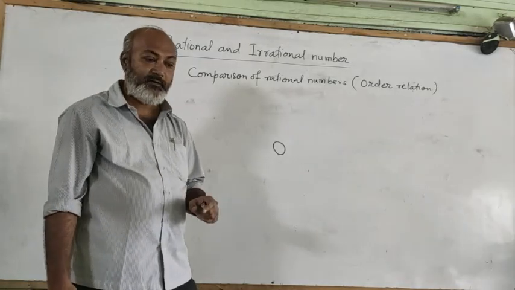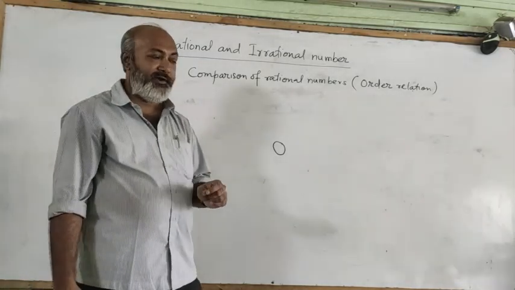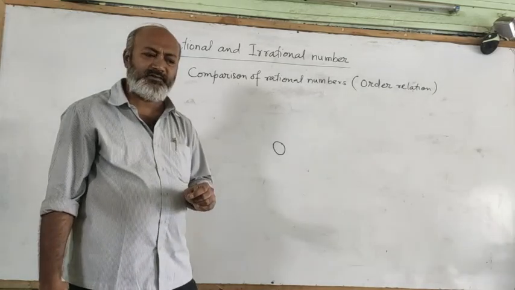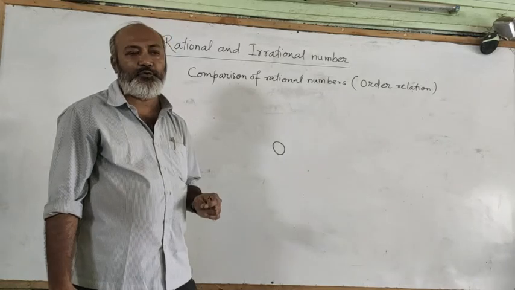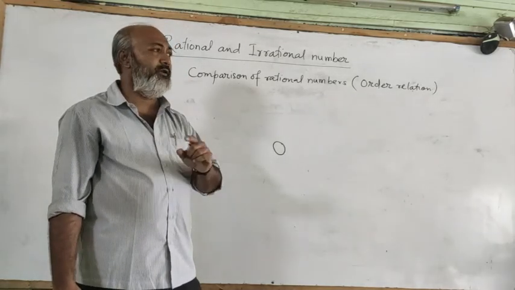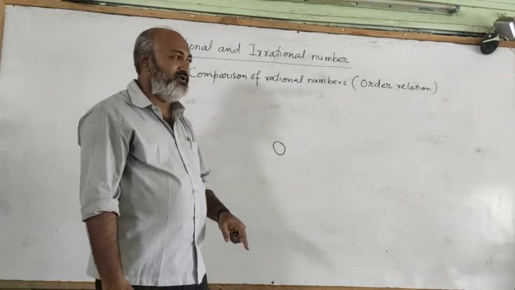On the number line, which you have drawn or seen in books, all the negative numbers are on the left of 0, meaning they are smaller than 0. All negative numbers are less than 0.